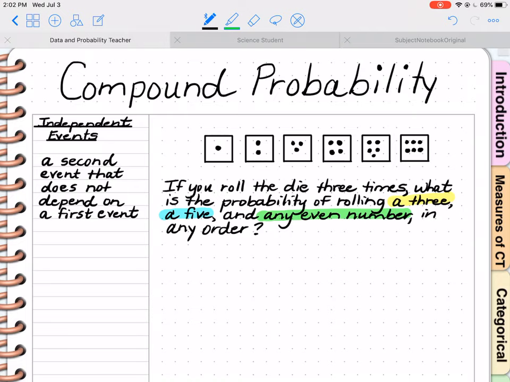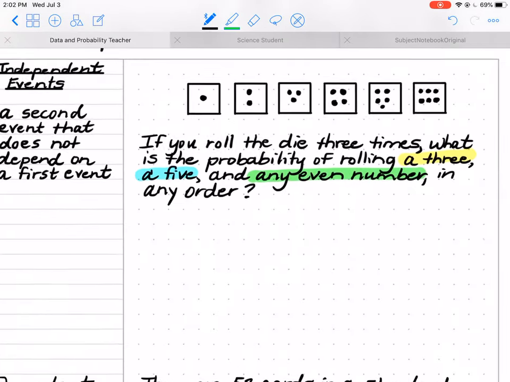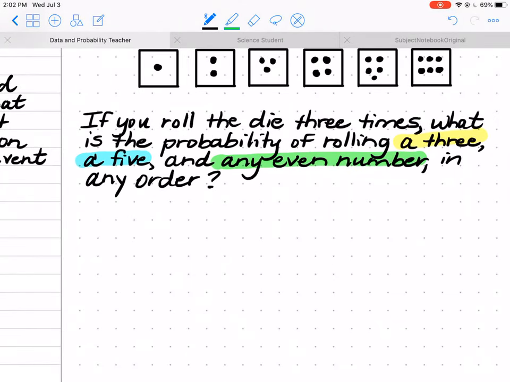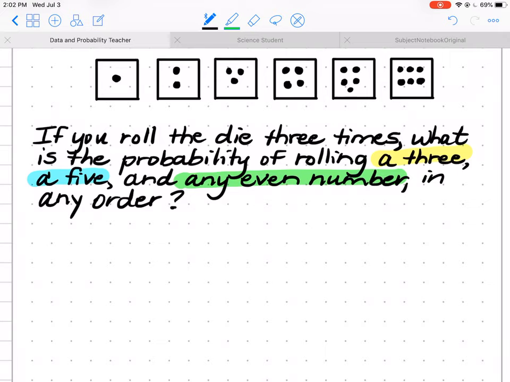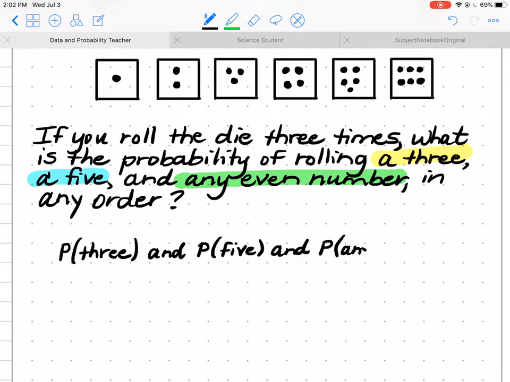So what I want to do is take them one at a time. And I'm going to zoom in here so we're just focused on what we need to see. We want to get the probability of a 3 and the probability of a 5 and the probability of any even number.